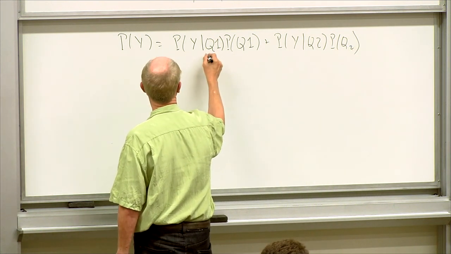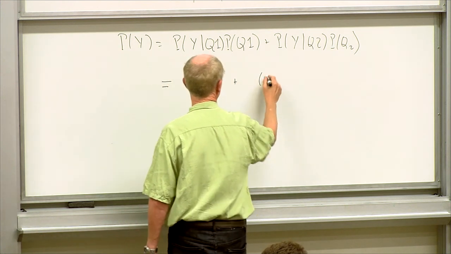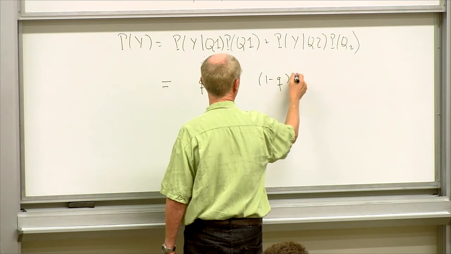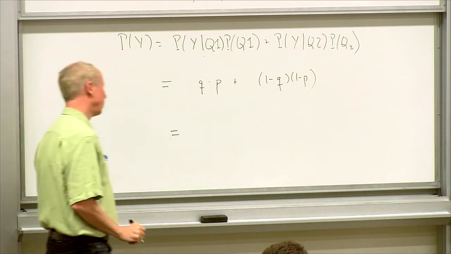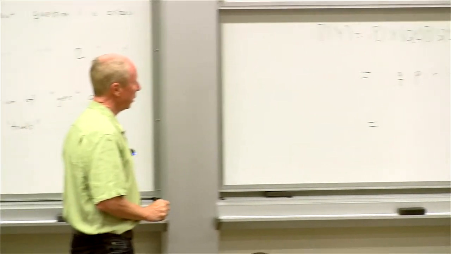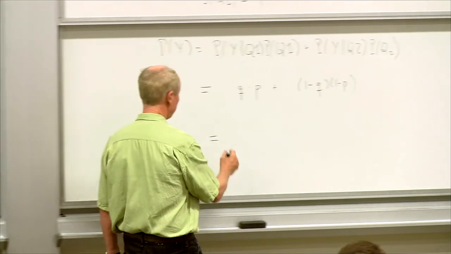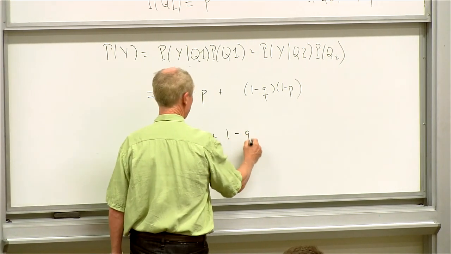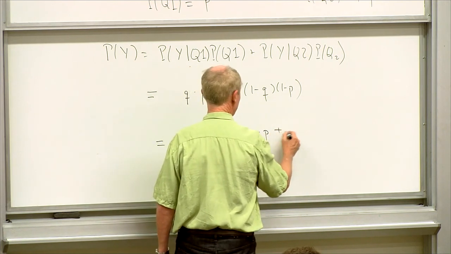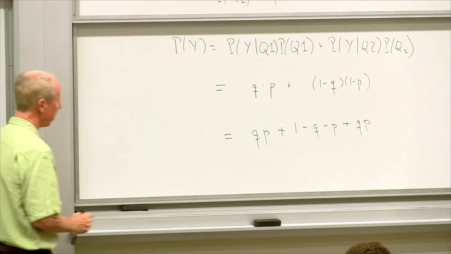So this would be Q times P plus 1 minus Q times 1 minus P. And if you multiply that second part out there, you get that, and then we should collect.